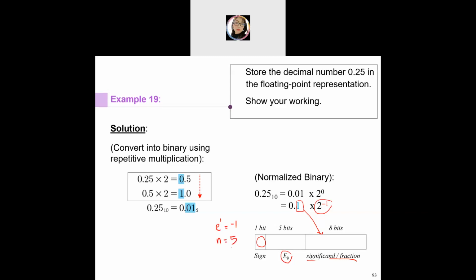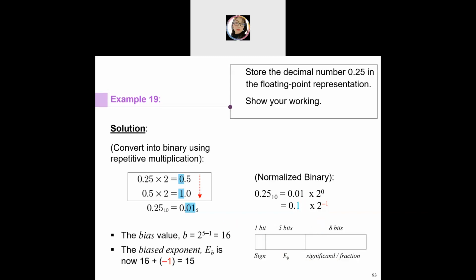Our N is 5. How are we going to solve? B equals 2 to the power of 5 minus 1. I already mentioned N equals 5, and we get 16. After that, we have the equation for EB, which is B plus E prime. Our E prime is minus 1, so 16 minus 1, and we get our EB is 15.